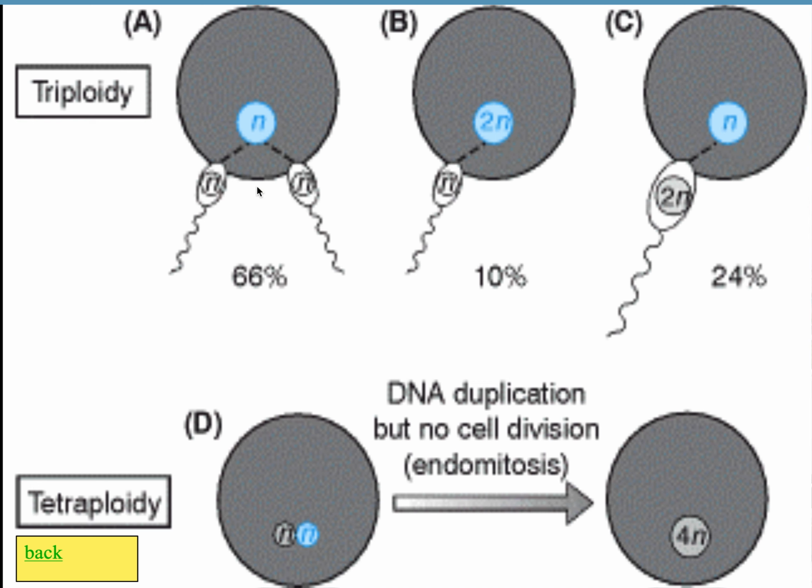And as you see here, most triploidies, 66%, are composed of two sperms going into one egg, or otherwise they have an abnormal egg or abnormal sperm that is diploid.